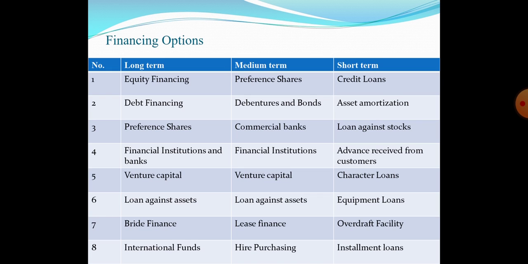So short term financial need may be when a fund is required for less than a year. This is generally for managing the working capital or to meet any unexpected expenses in the business.